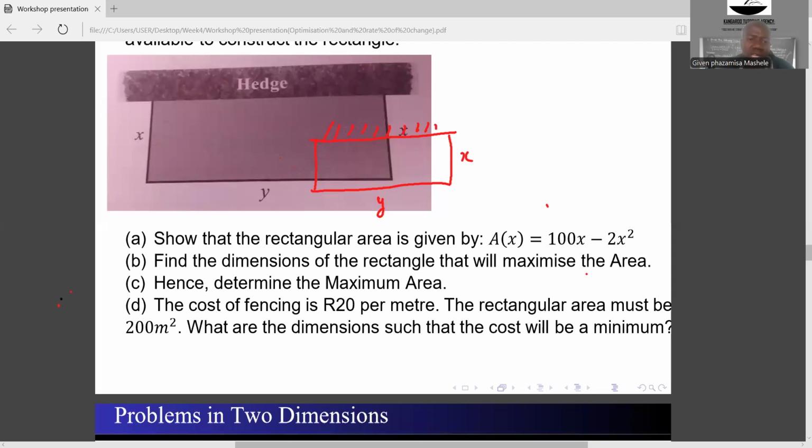So now we want to minimize the cost. According to the statement, the area of the figure is 200 meters squared, so we are already given the area. We don't want to minimize the area, it is 200. We want to minimize costs.